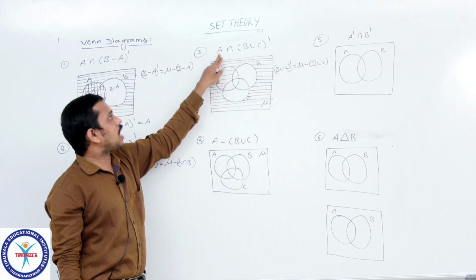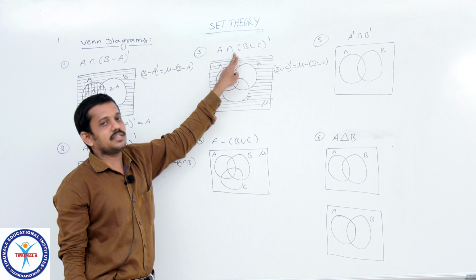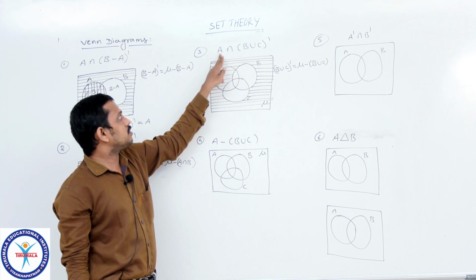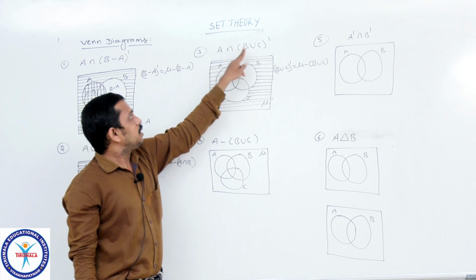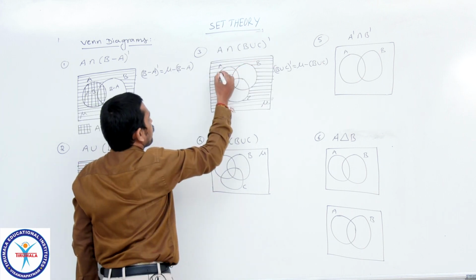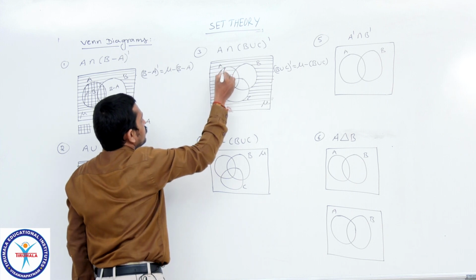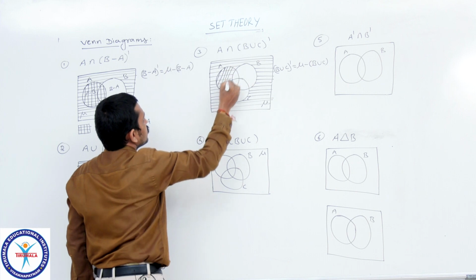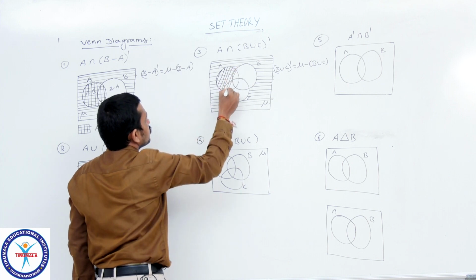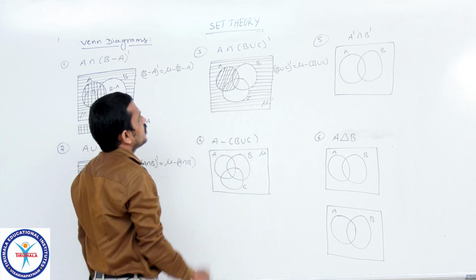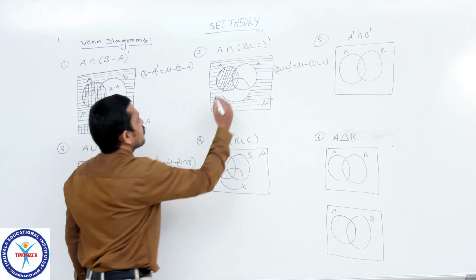Now, we require the common region of A intersection. Intersection represents a common region. The common region of both A and (B union C) whole complement. So, what is the set A? So, this is set A. Now, what is the common region?